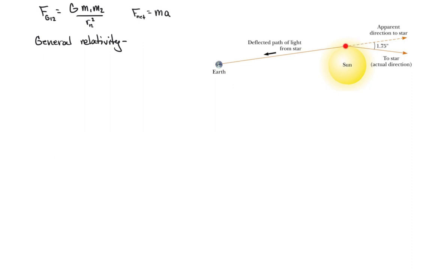And so we're going to perceive that instead of this star that we're trying to look at being back here, which is its actual location, it's over there. And this is a measurable effect. This has been measured during total solar eclipses a lot of times since 1917-ish, which is when this was first verified.